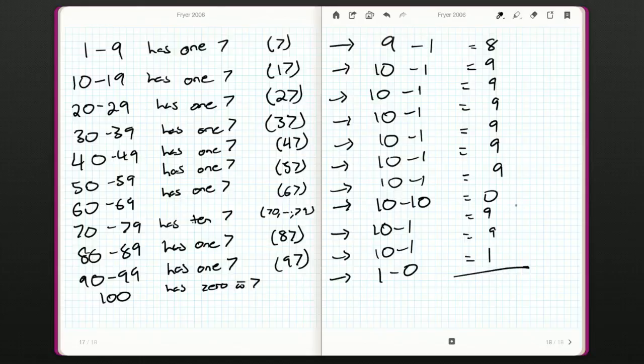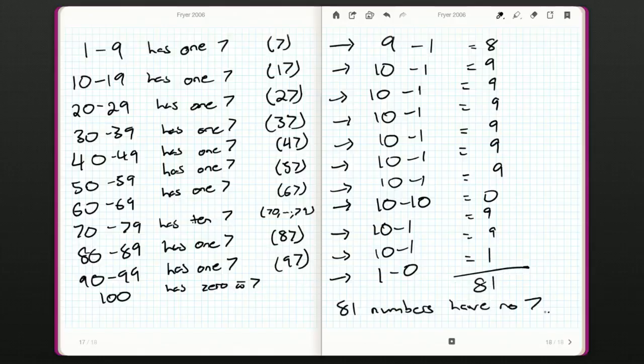So that's 72, plus 1 for 100, plus 8 for 1, 2, 3, 4, 5, 6, 8, 9. And that's going to give us a total answer of 81. So we have 81 numbers that have absolutely no 7s in them.